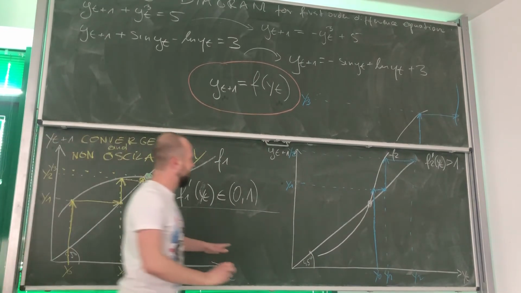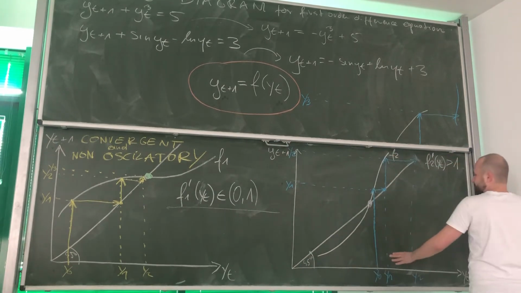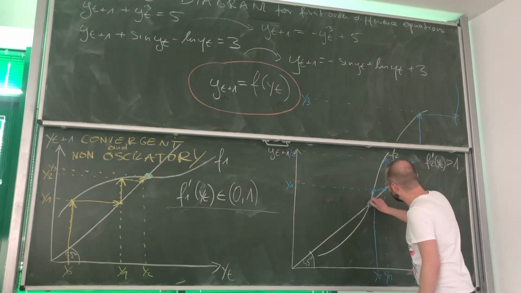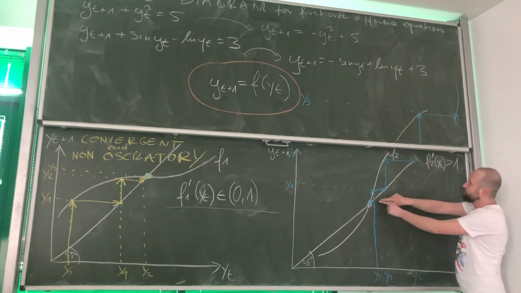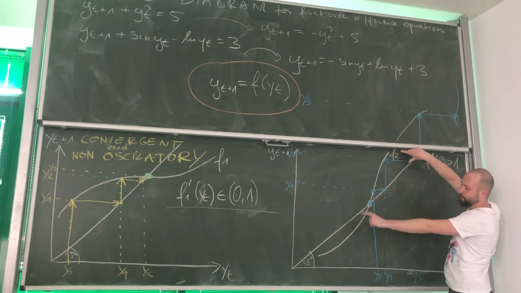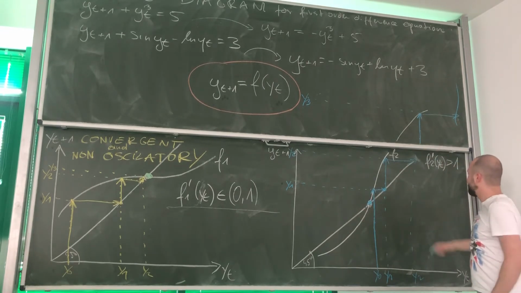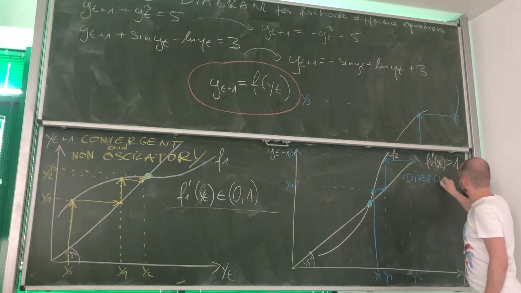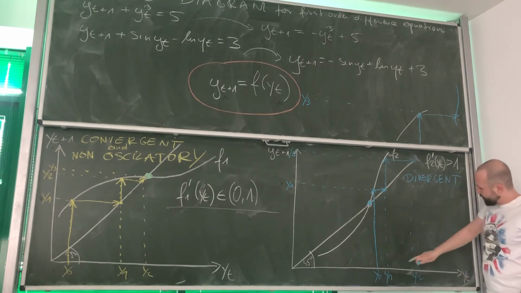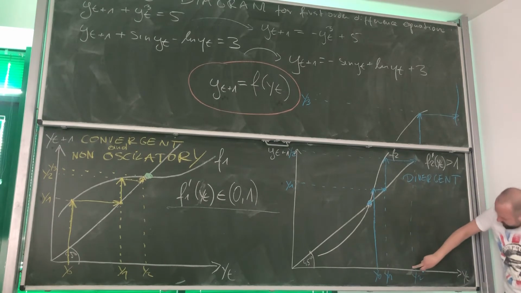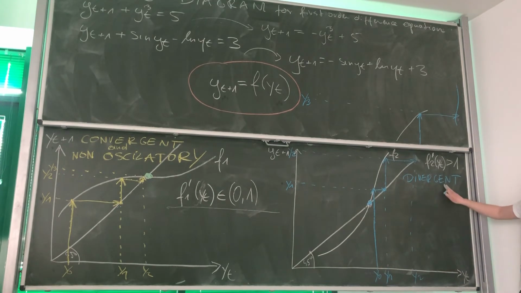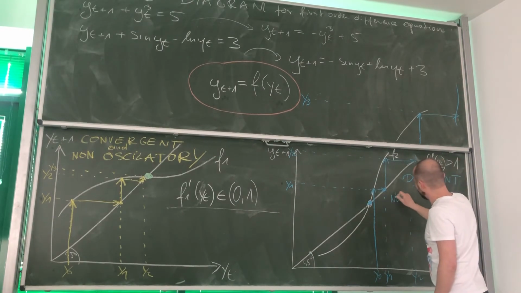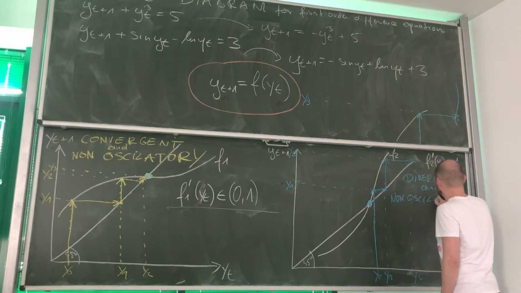In the second case, regardless of where we start, unless we are exactly in the equilibrium, we'll be getting further and further away from this equilibrium. So this time path is divergent and non-oscillatory.